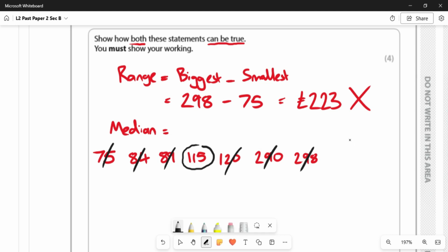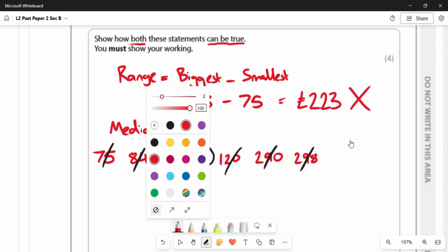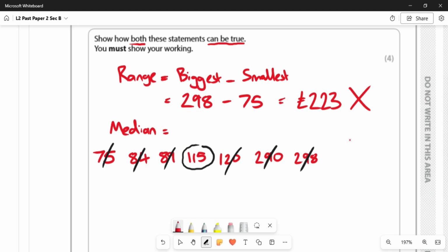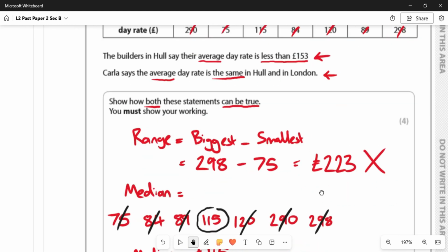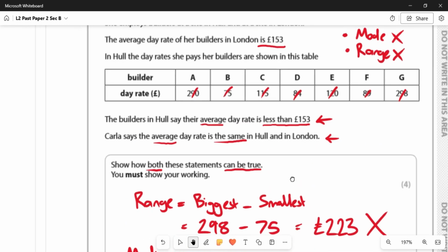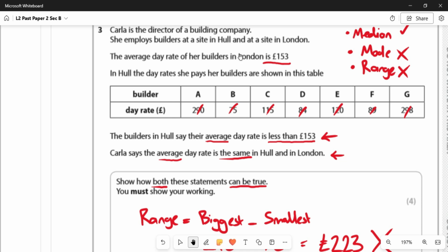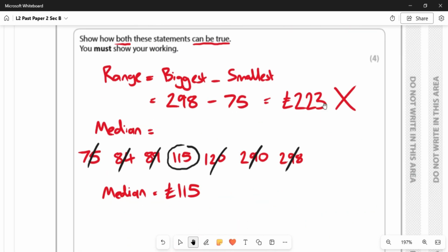So my median, in this case, is £115. So median equals £115. Does that apply to any statement? Let's just double check. Is it the same as 153, which is what Carla said? No, but it is less than £153.